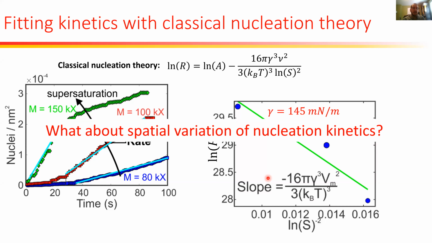What liquid phase TEM really gives us is really high spatial resolution that lets us see how the nucleation kinetics vary as a function of position along our solid-liquid interface. So let's go from looking at nucleation as a macroscopic process to looking at it as a very microscopic process, and looking at the kinetics of individual nucleation sites.